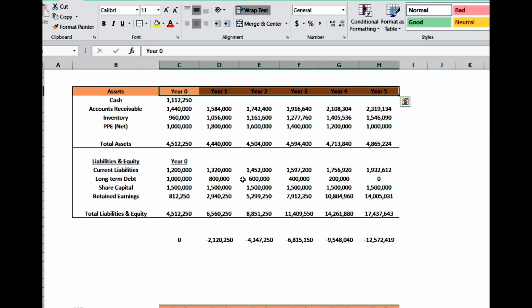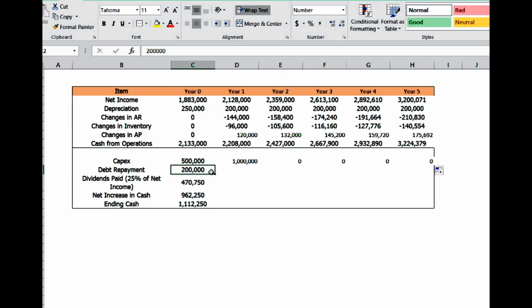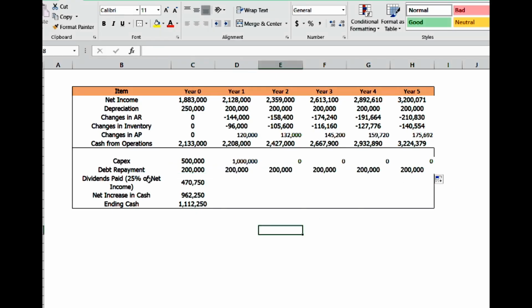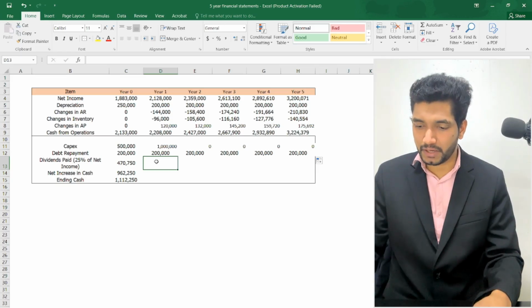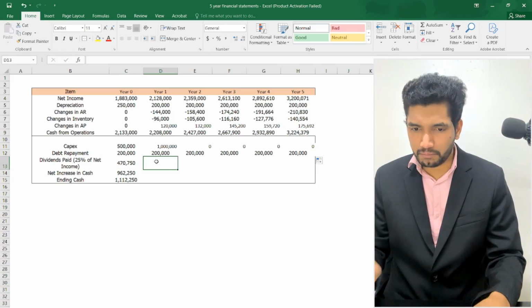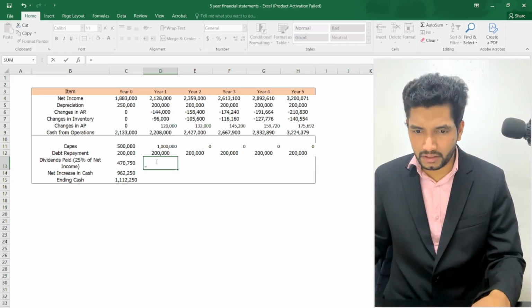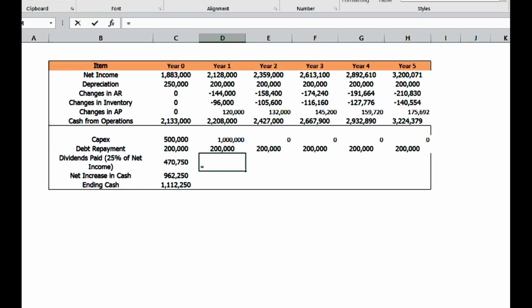You can see if you look into the long-term debt, 200 is reducing every year. So that 200 we have to consider here as a cash outflow. Then the dividend payment, it is 25% of net income. So here is my formula.